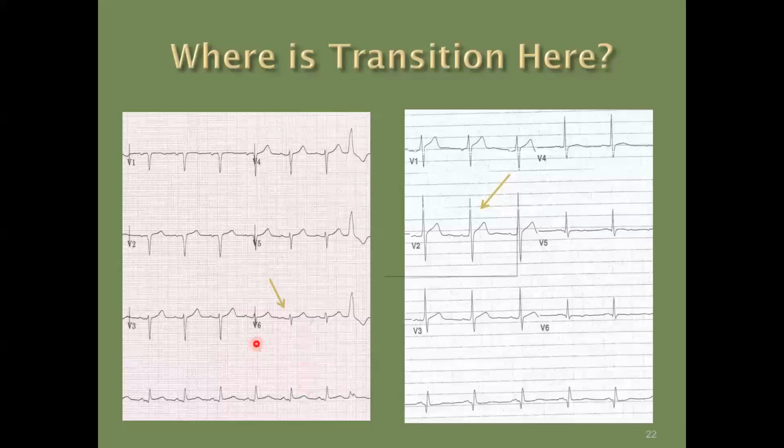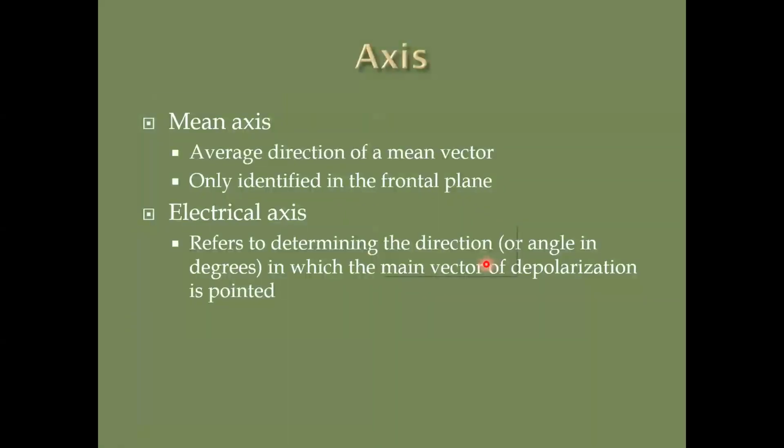If you remember what the normal looked like in V1 and V2, those are supposed to have really small R waves, and then it gets bigger. So then you have to start asking yourself why. What's going on? Is there something that has changed the vectors within my patient's heart?